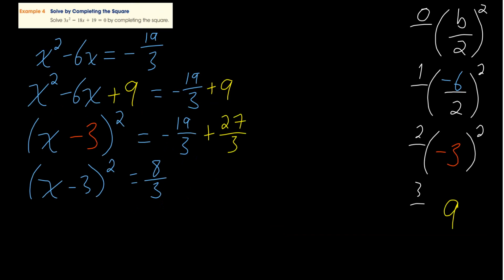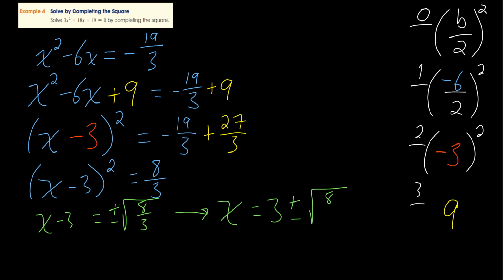Take the square root of both sides. We've got x minus 3 is equal to plus or minus the square root of 8 thirds. And then we add 3 to both sides. 3 plus or minus the square root of 8 thirds.